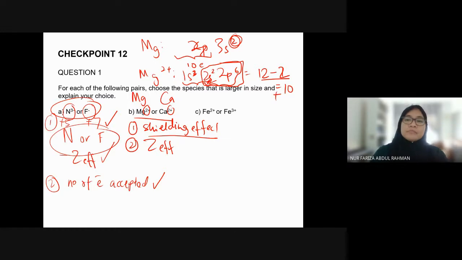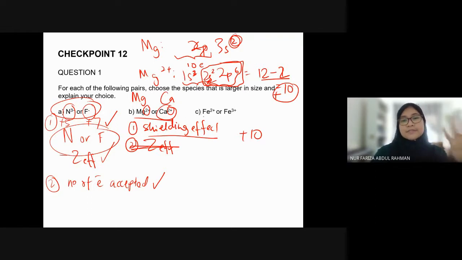So in terms of Z effective it stays the same. Calcium will also get +10. In terms of Z effective it will be the same, so it is not that significant. So the most significant factor is shielding effect going down the group.